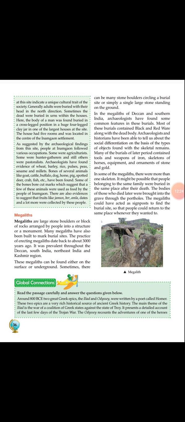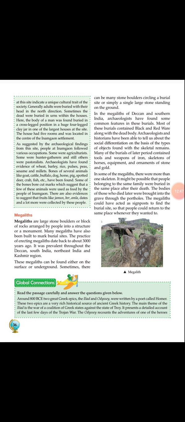The practice of erecting megaliths dates back to about 3000 years ago. It was prevalent throughout the Deccan, South India, Northeast India, and the Kashmir region. These megaliths can be found either on the surface or underground. It means some megaliths are found on the earth and some underground.